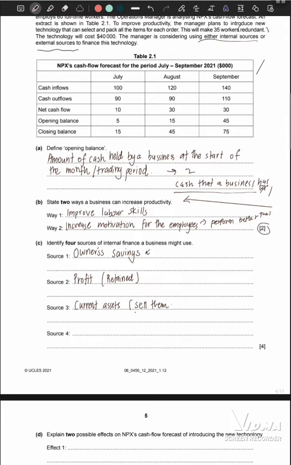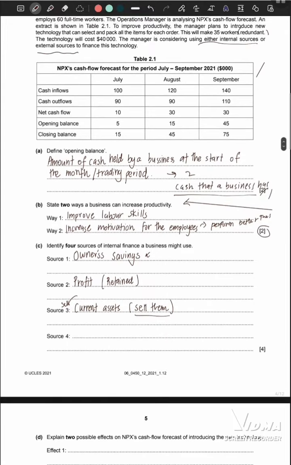You don't really have to write this in brackets, but I'm just showing you what I mean. You can just write sell here. Sell current assets in order to get the cash for it. Okay, so now the last one, you can say non-current assets.